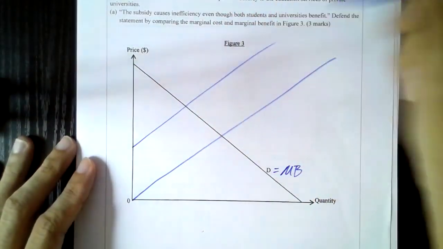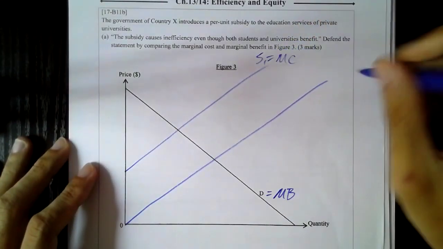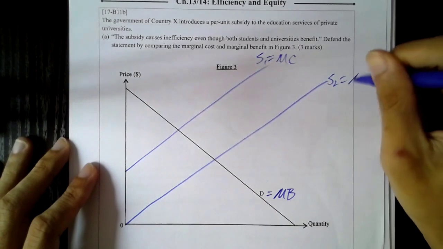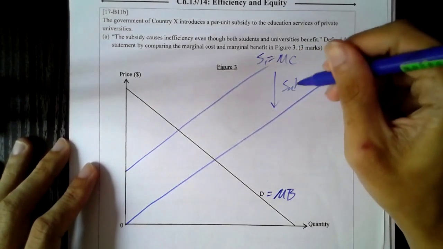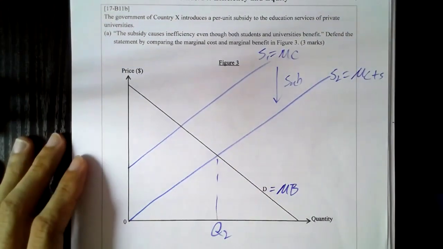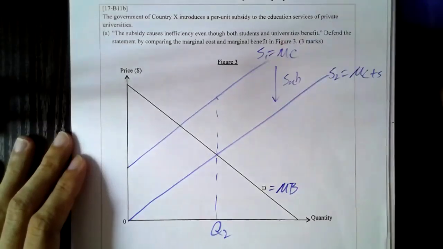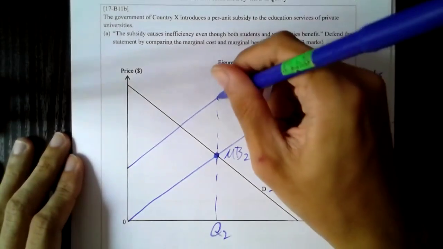Here, let's call this S1 equals MC. S2, remember, is MC plus S. Now we have a subsidy here. But remember, always start at Q2, the new quantity. At the new quantity, let's check. MB is right here.